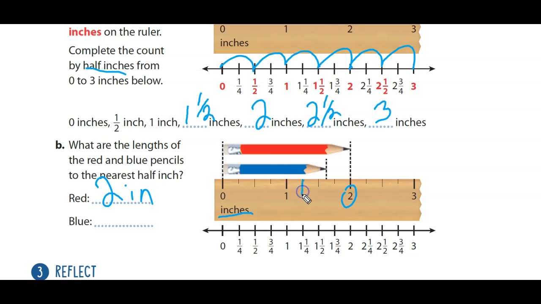So this is 1/4. This is 2/4. 3/4. So it's between here. I would say roughly 1 and 4/6, right?